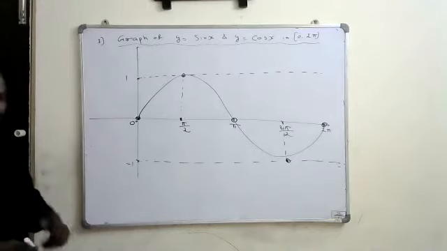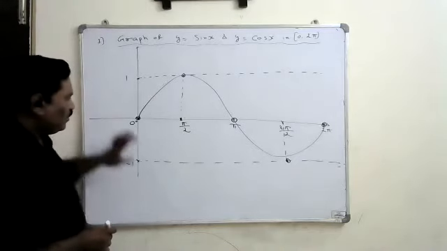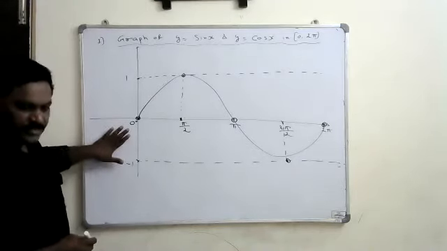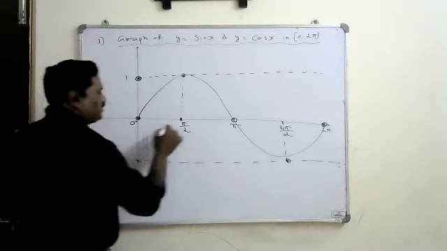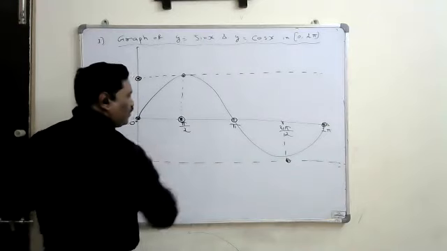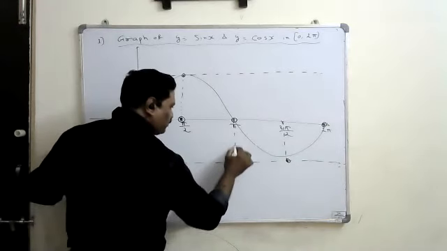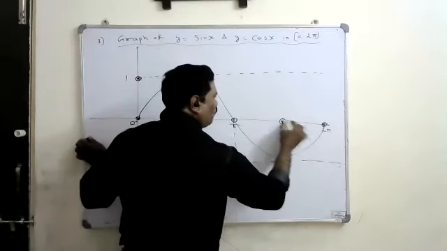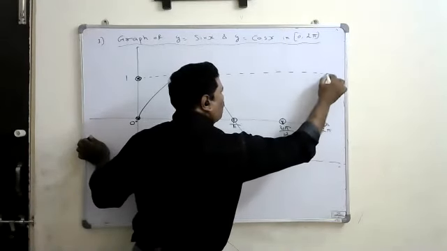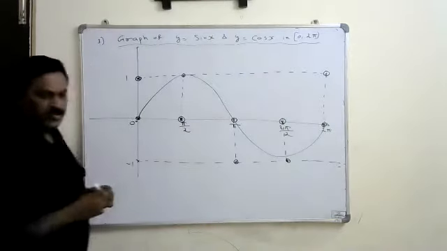Okay. Now I will plot the graph of cos x. When x is 0, cos 0 is 1. When x is 90, cos 90 is 0. When x is pi, cos pi is minus 1. Cos 3 pi by 2 is 0. Cos 2 pi is plus 1.